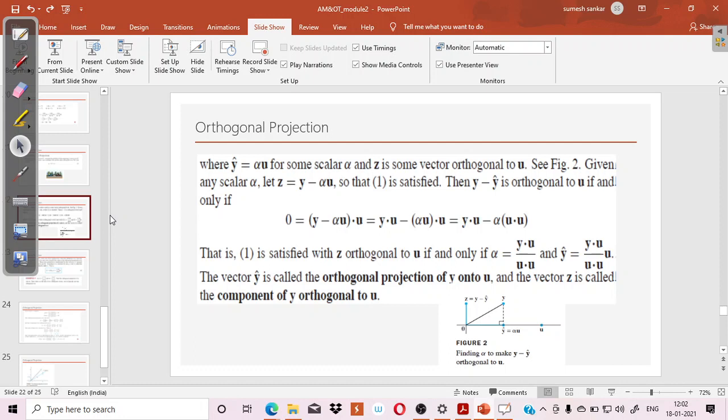So two components which are orthogonal to each other can be created from any vector y.